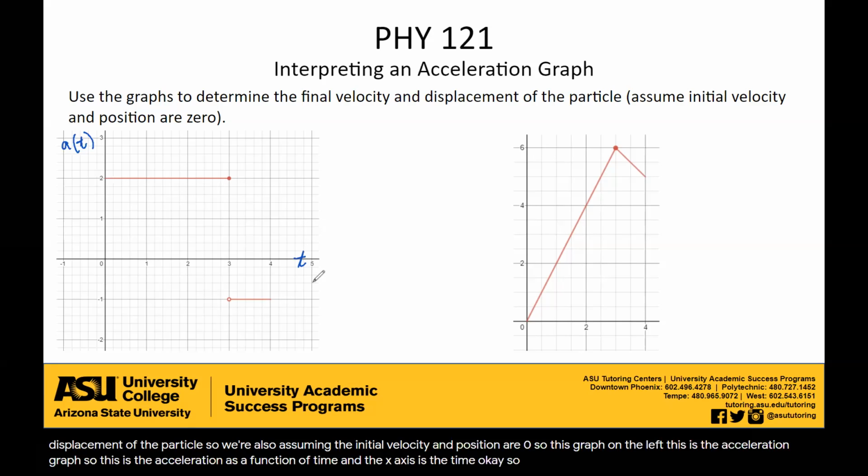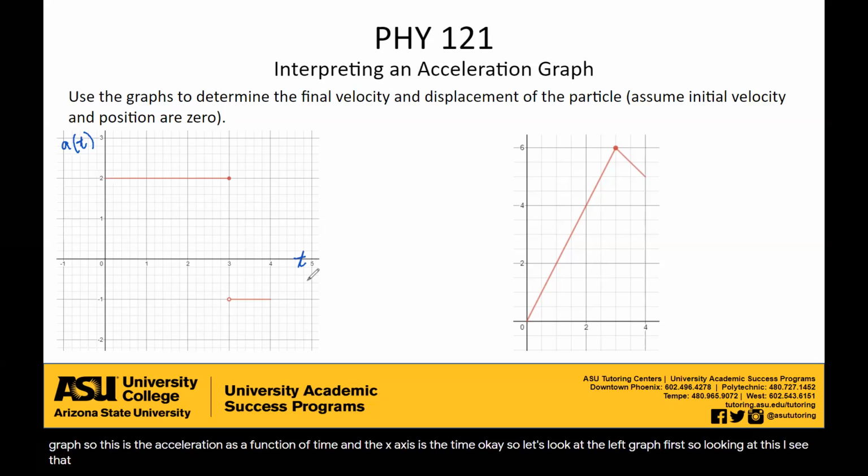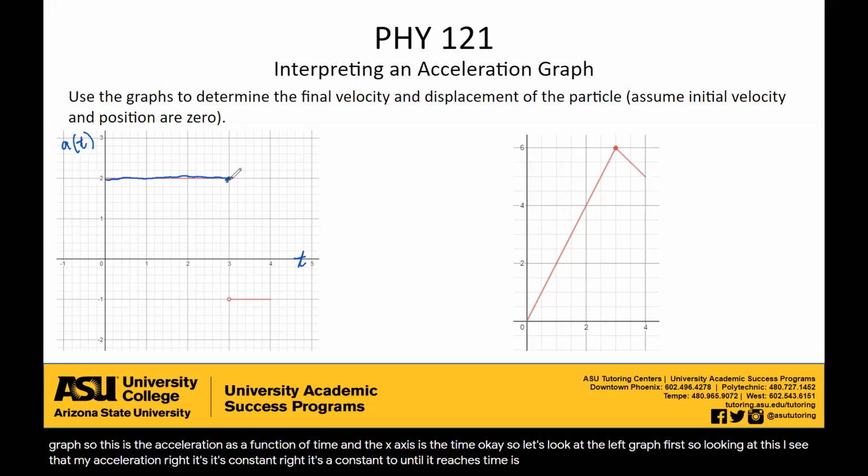Okay, so let's look at the left graph first. Looking at this, I see that my acceleration is constant. It's a constant 2 until it reaches time 3 seconds, and at 3 seconds it's now equal to -1.